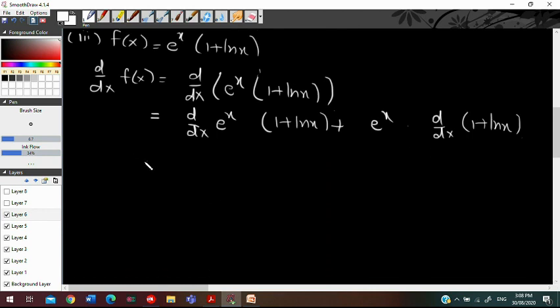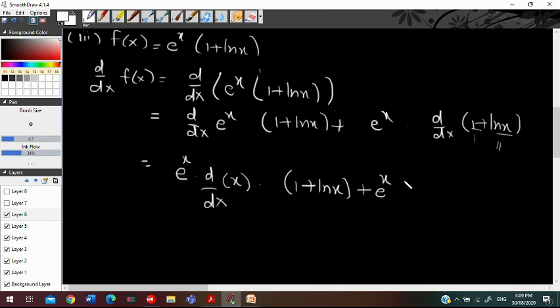Now when you apply the derivative on exponential of x, I have told you the exponential function will remain the same, and you differentiate whatever you have in its power. Here you have x in its power, and as this function will remain the same, then exponential of x, here you have two terms, 1 and log of x.